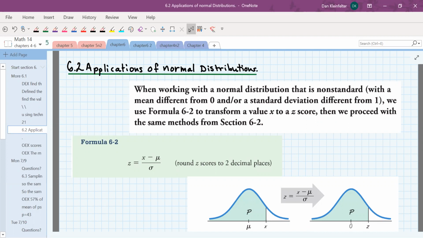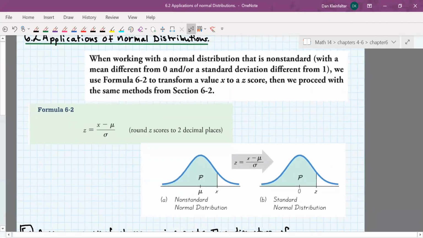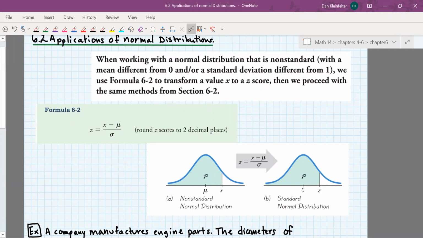So what we'll do is make a little transformation from whatever normal distribution we're given in the first place, that is a non-standard normal distribution, to a standard normal distribution. We'll do that using this z-score formula. Z is the difference between x and mu, so how far x is above or below the mean, divided by the standard deviation.